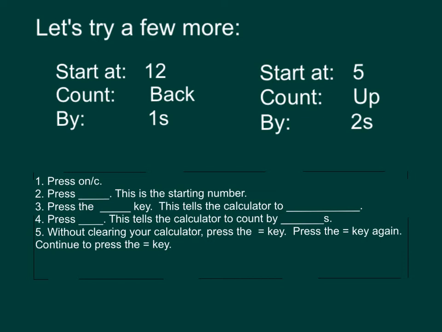Step 4, press 2. This tells the calculator that we're counting by 2s. And then again, step 5, we start using the equals key without clearing in between to count up by 2s. Let's all do this now.